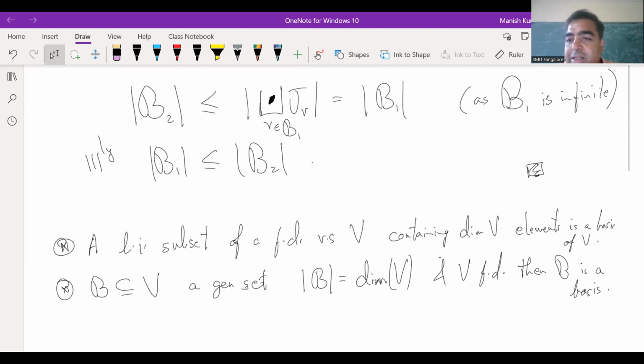It's automatically a basis. Or if you find a generating set of size n, then you automatically got a basis. You don't have to check the other condition. If you got a linearly independent set of the right size, you don't have to check that it generates V. It's automatic.